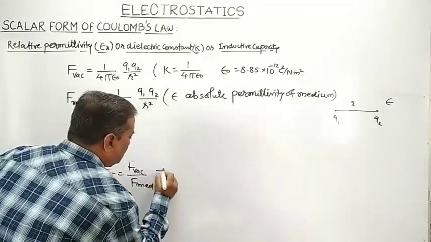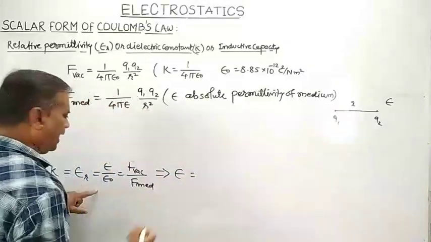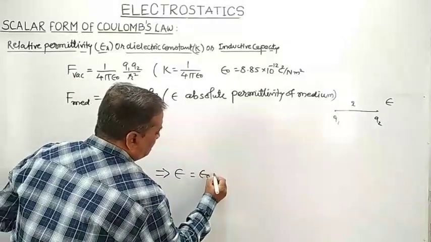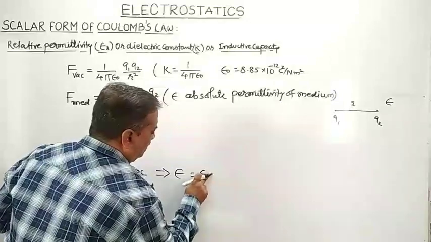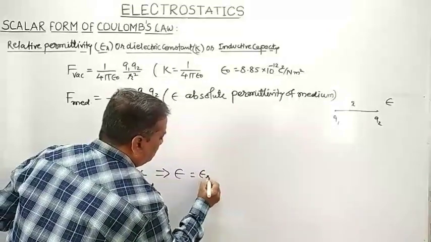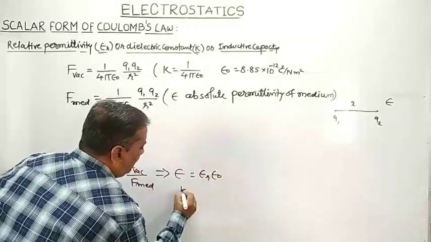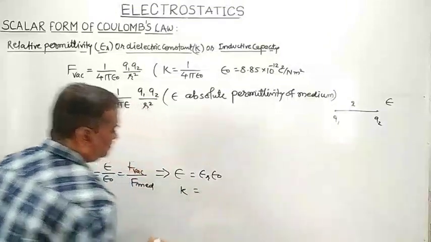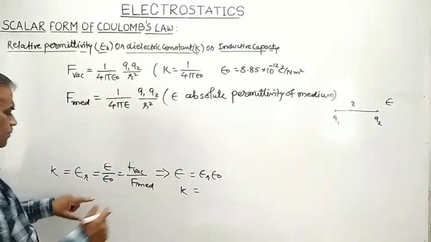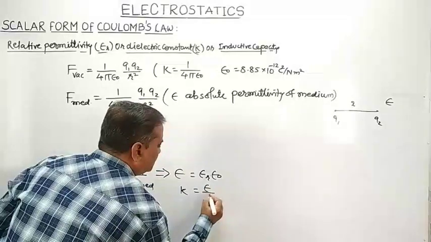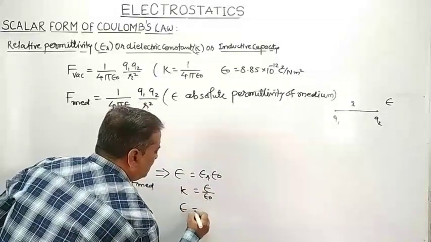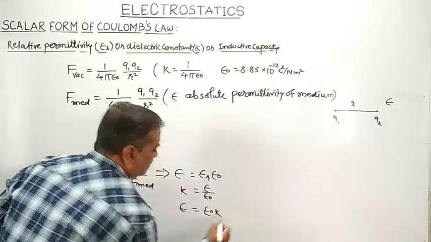So this implies that epsilon equals epsilon r into epsilon 0, or K is equal to epsilon by epsilon 0, which means epsilon is equal to epsilon 0 into K.